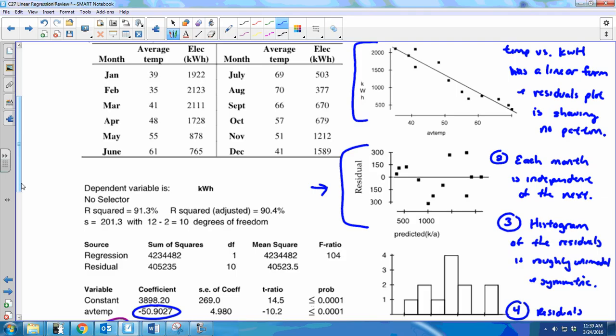That's what slope is, right? So if you're interpreting the confidence interval for slope, you're using that exact same idea.